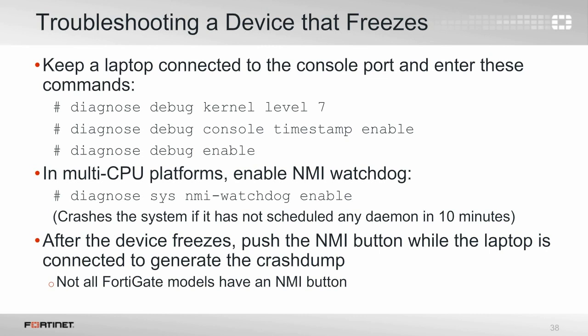This is an indication that the unit is not operating normally and might be frozen. Some FortiGate models also have an external NMI button. If the unit is frozen and no crash dump has been generated, you can press the NMI button to force a crash and get a crash dump.